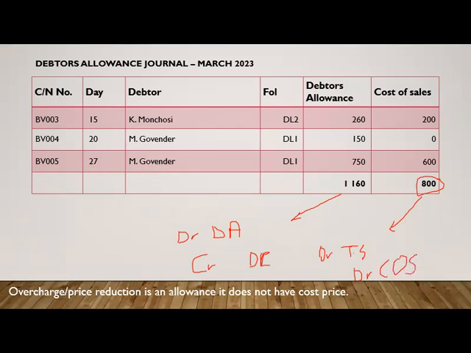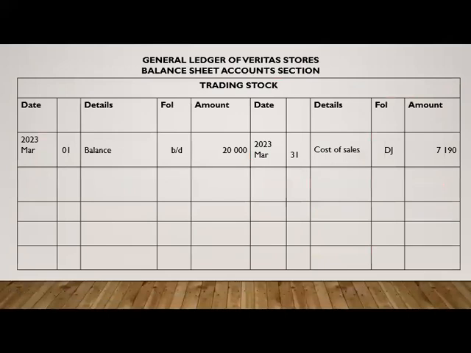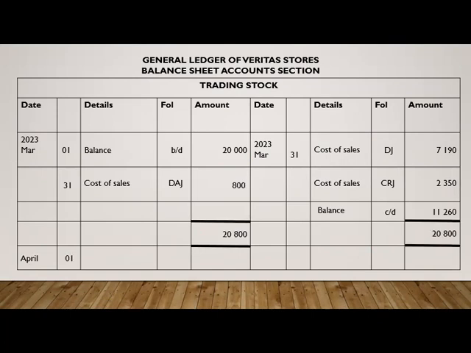All I'm going to do is go to my trading stock account and increase it by that amount, which is 800 Rand. Then you take the bigger side and minus the smaller side. The balancing figure there will be 11,260. You get your totals, and that 11,260 becomes your balance brought down.